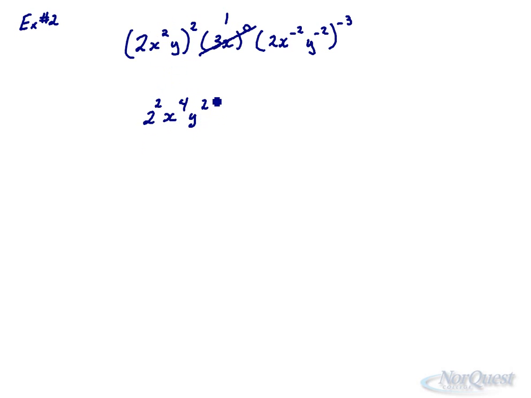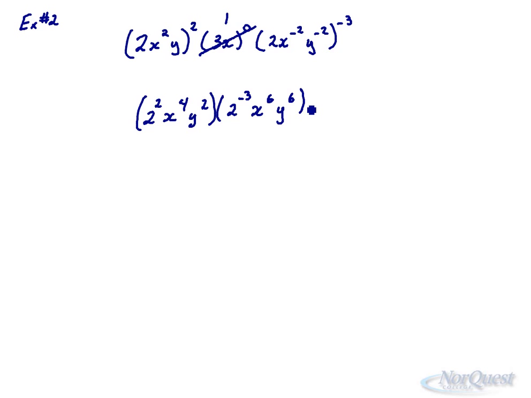The second term is just 1, so I'm not even going to write that. And the last term is going to be 2 to the power negative 3, x to the power positive 6, y to the positive 6.